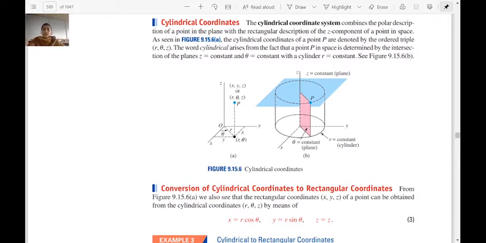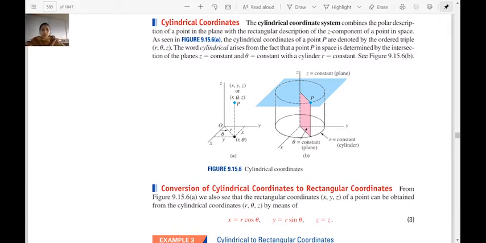So we will get a cylinder, with r equal to constant. The intersection of r equal to constant, theta equal to constant and z equal to constant, all three together, will give us the point P. Here we are considering the cylinder, that's why the name cylindrical coordinates.